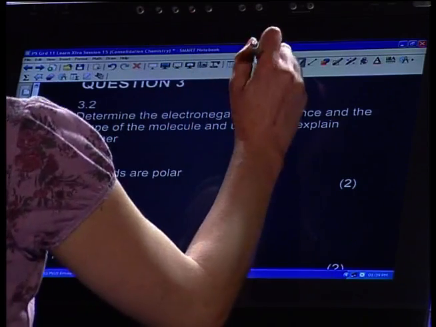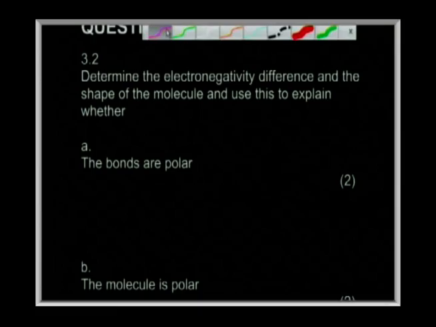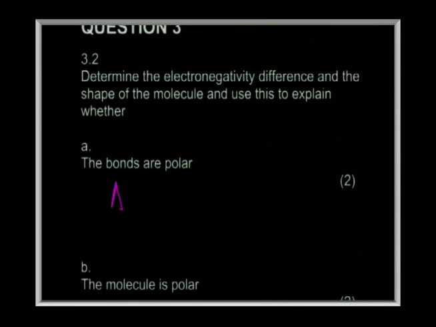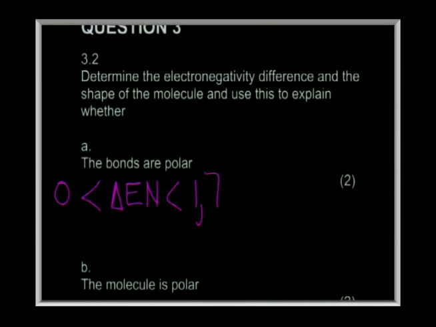scale quickly. All right, so if your difference in electronegativity, so let's call it delta EN, lies between 0 and 1,7, we say that the bonds are polar.